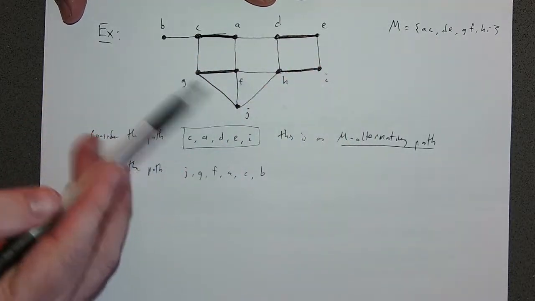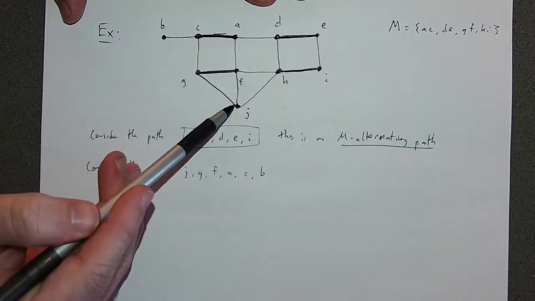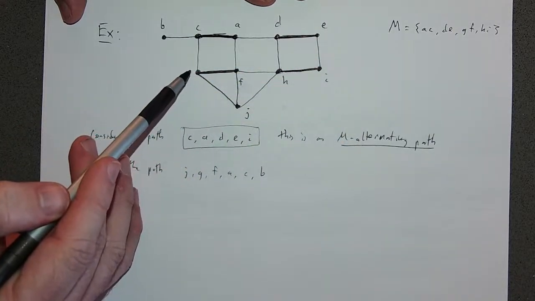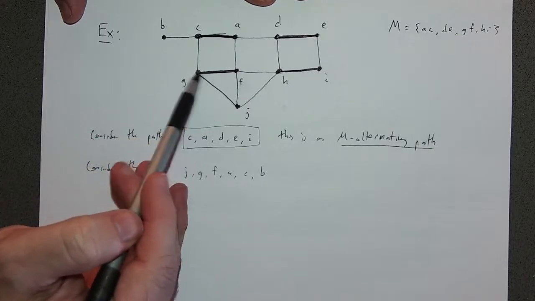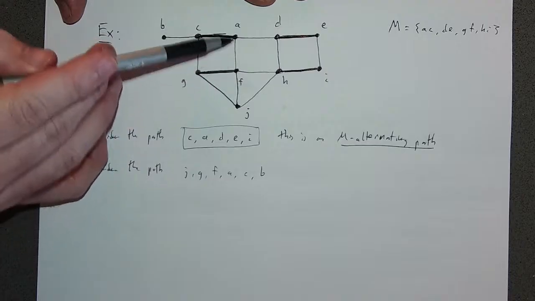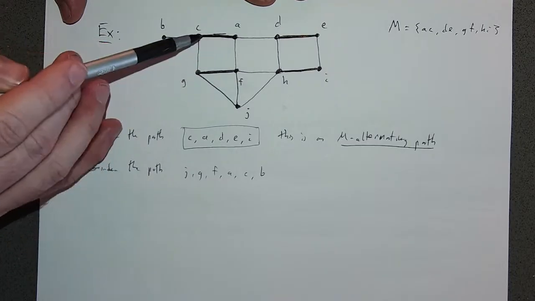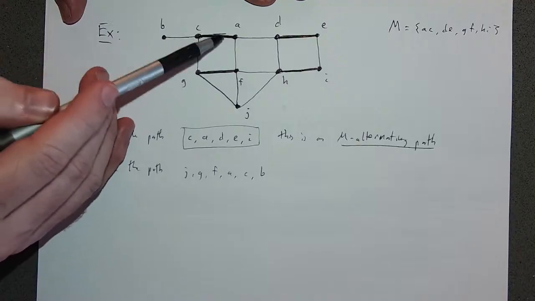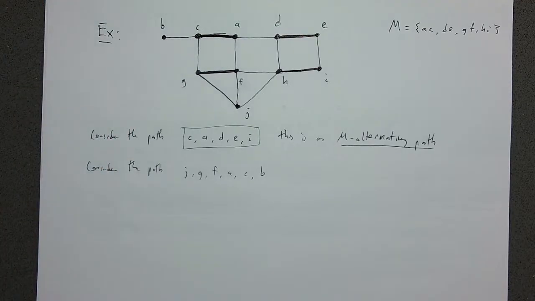So this is not an edge in M. From G to F, now that edge is in M. From F to A, that edge is not in M. From A to C, that edge is in M. From C to B, that edge is not in M.